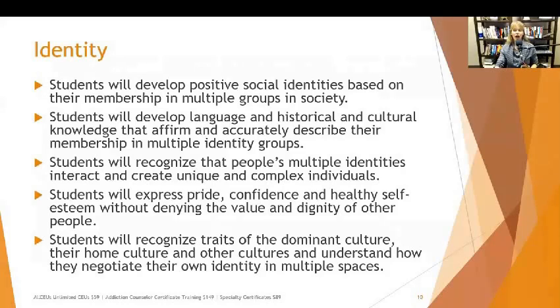Students will express pride, confidence, and healthy self-esteem without denying the value and dignity of other people, and will recognize the traits of the dominant culture, their cultures, and understand how to negotiate their own identity in multiple spaces.